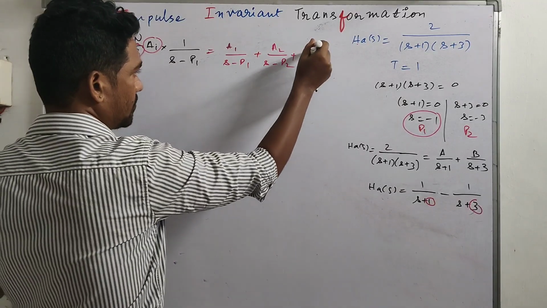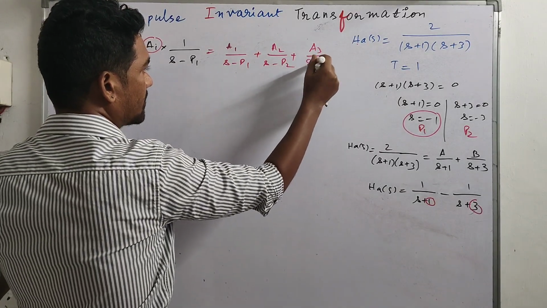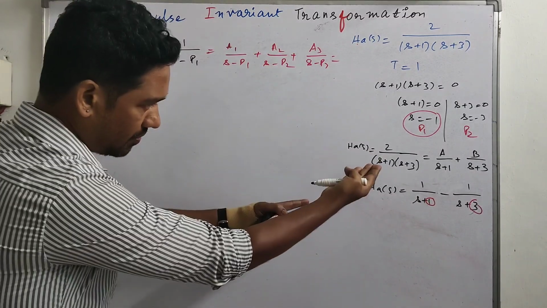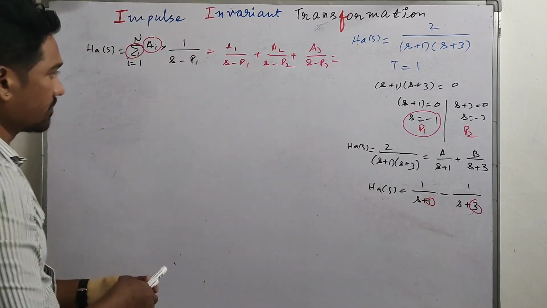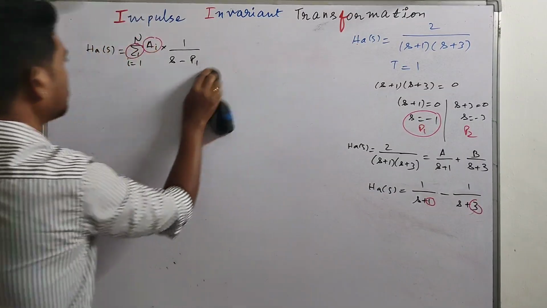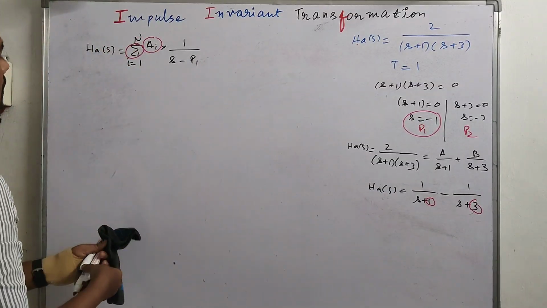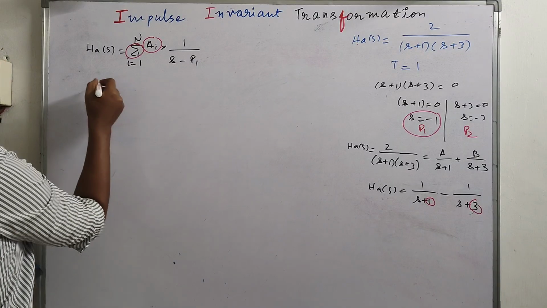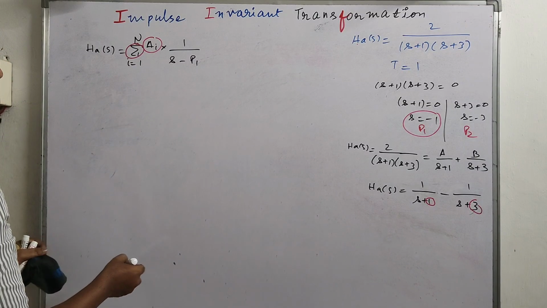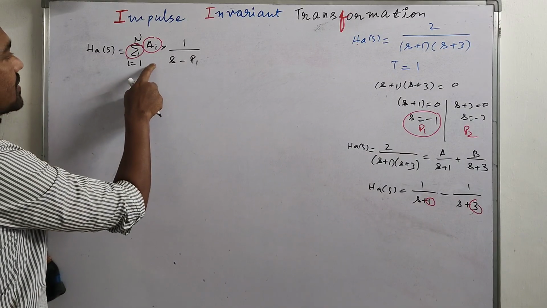And if we have so on, a3 upon s minus p3, the third pole, etc. Writing that very equation in more general form, considering this transfer function, we need to have that ha of t, and how is that obtained, guys, by applying the inverse Laplace transform.